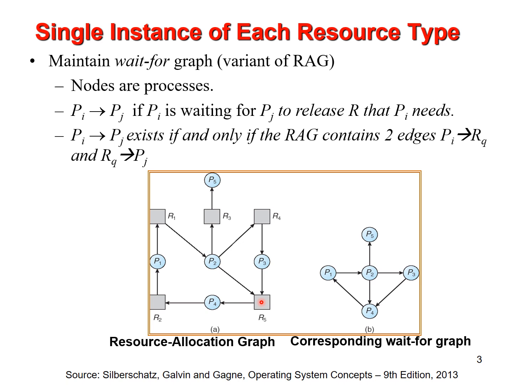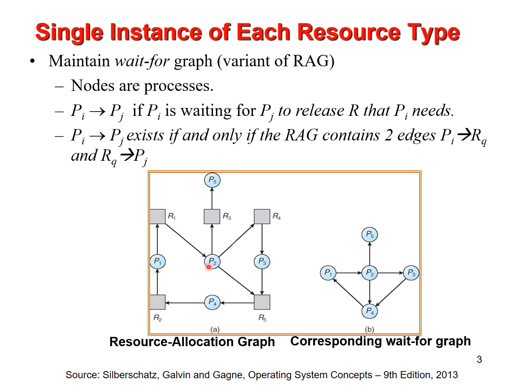This is a resource allocation graph. Now, if we want to represent it as a wait-for graph, the corresponding wait-for graph is this. For example, P1 is requesting resource R1, and R1 is assigned to P2. So from P1 you can draw an edge to P2.